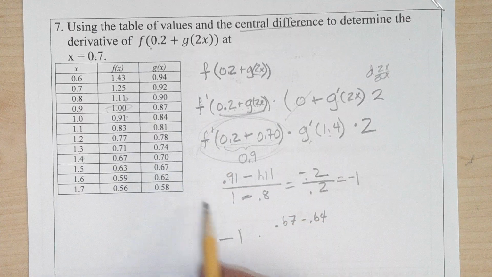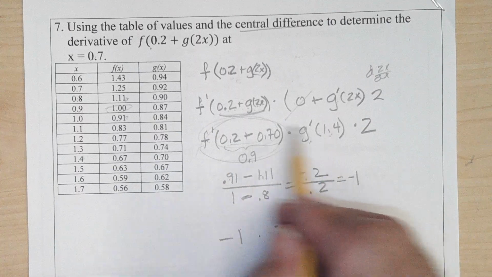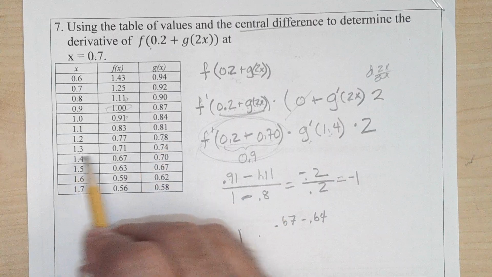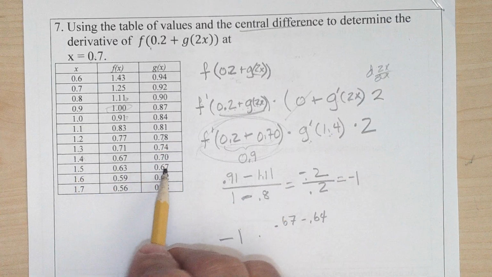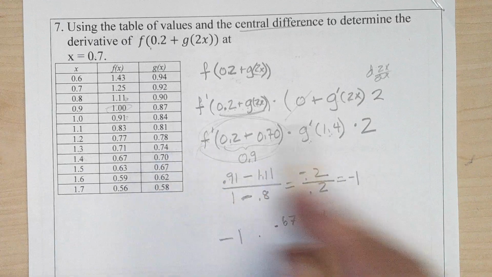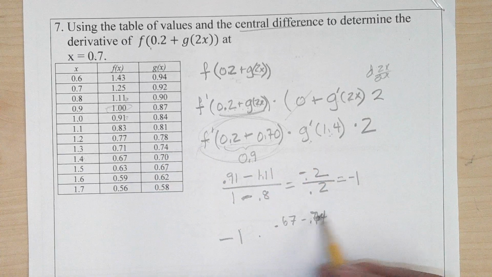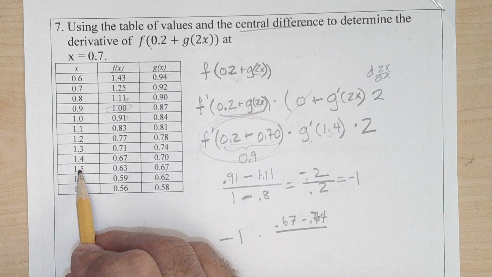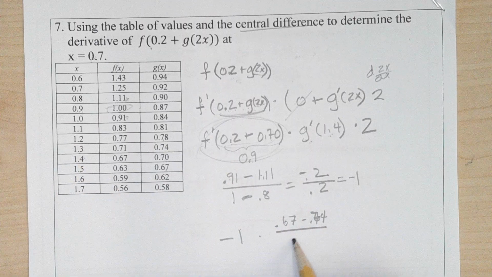No, let's see. I want to do 1.4 g. 0.7 minus 1.4. So I want to go 1 past, 0.67, minus 1 before, 0.74. Did that before. Over 1.5 minus 1.3, or 0.2.